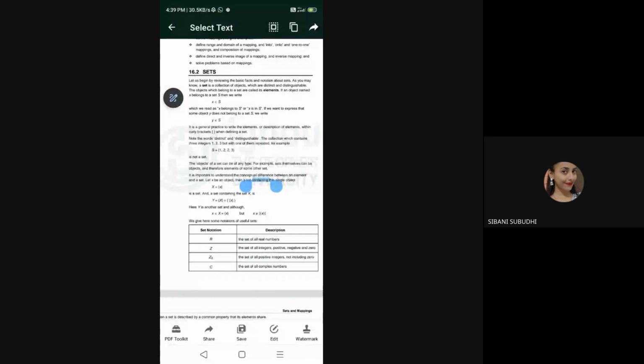An object named X belongs to a set when those objects are distinct and distinguishable. You can write X belongs to S if X is an object or element in the set S. Okay? And you can read it as X belongs to S or X is in S.